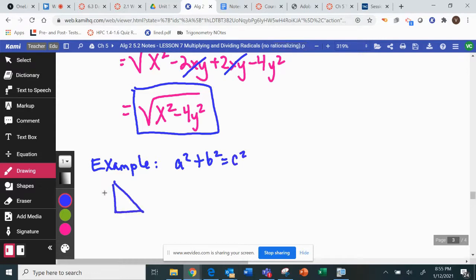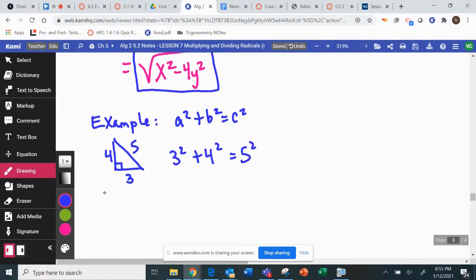We should know that 3 squared plus 4 squared equals 5 squared. That's a triple that we always use in geometry. And if you haven't taken this part of geometry yet, if you're double blocking, then you will learn it. But there's a triple for a right triangle that is 3, 4, 5. And if we do the Pythagorean theorem, 3 squared plus 4 squared equals 5 squared, it will work out.